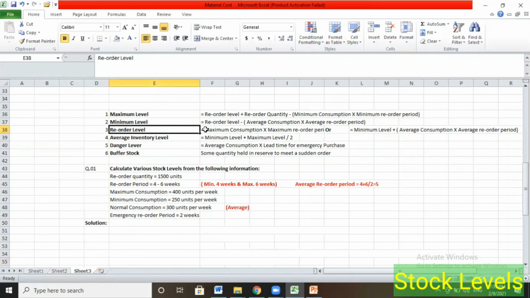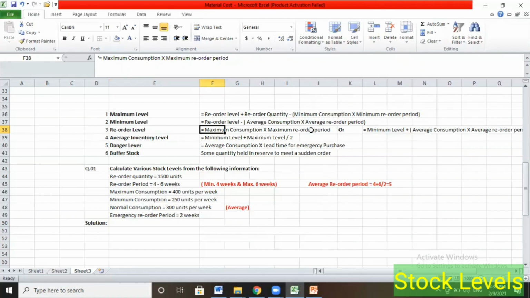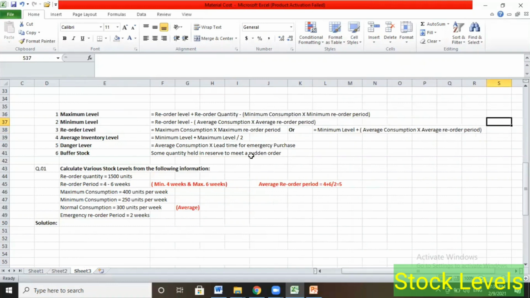The formula for reorder level is maximum consumption into maximum reorder period, or we can say minimum level plus average consumption into average reorder period. Any one of them can be used as per the information available.